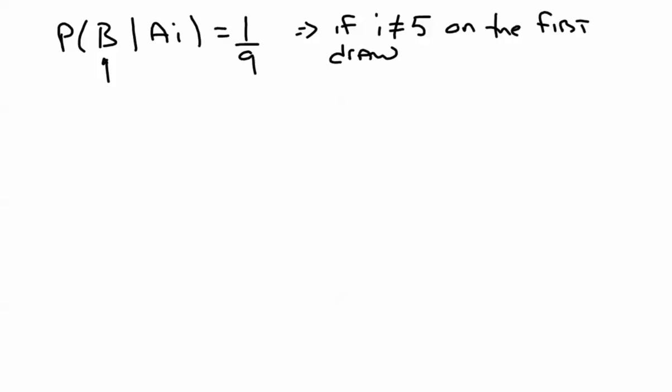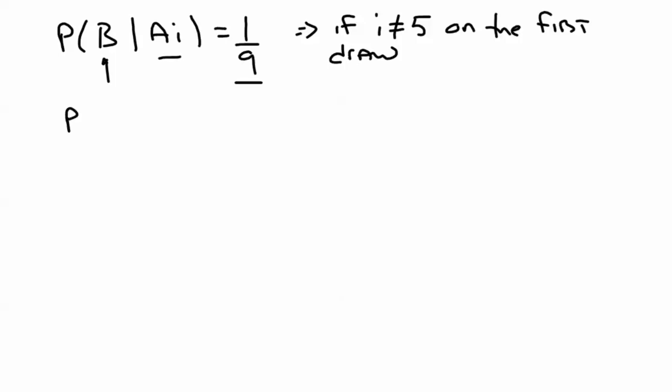The probability that I reach into the bag and grab the chip with a 5 on it, given that the first chip I pull out does not have a 5 on it, that probability is 1/9 because there are 9 chips left over and one of them had a 5.